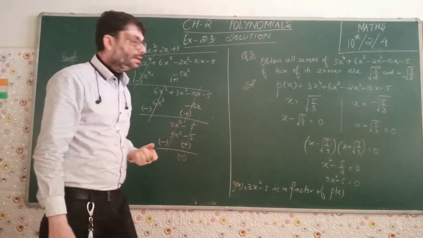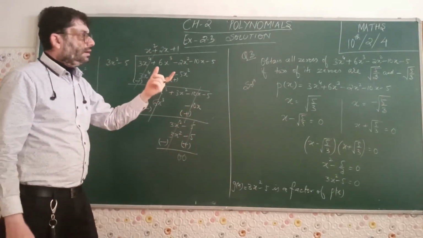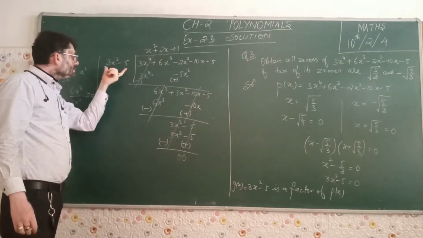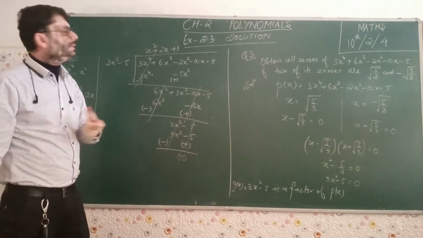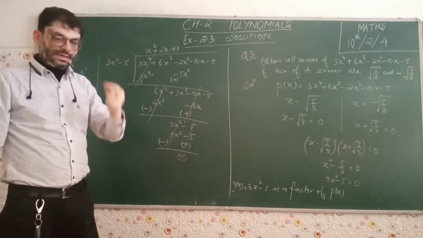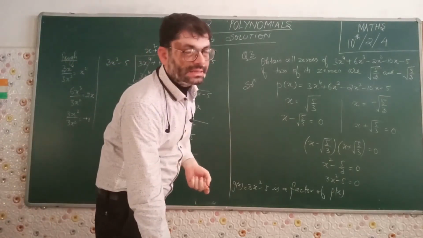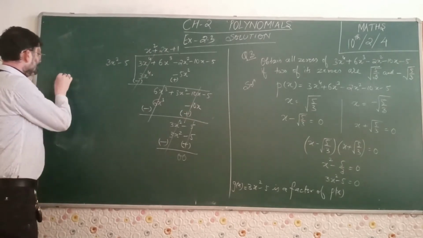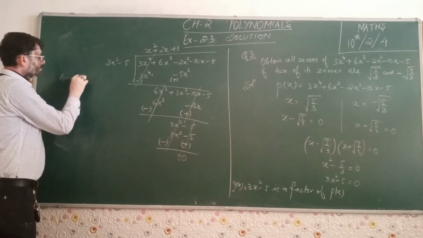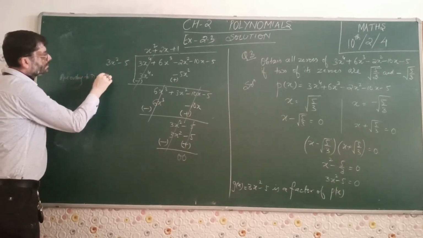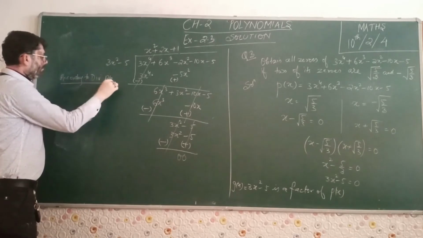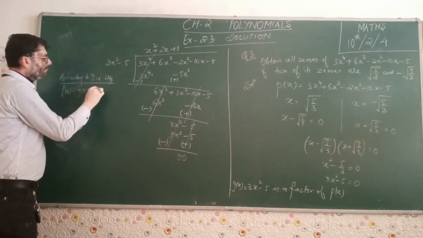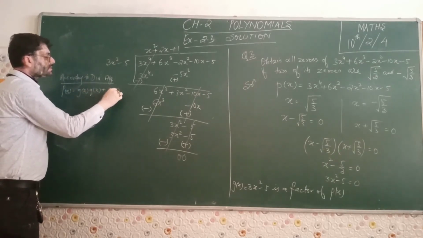As I have told you earlier, two zeros, root under 5 by 3 and minus root under 5 by 3, are present in the divisor part, and the remaining two zeros we will be getting from the quotient part. So let us move to the division algorithm just to get the other two zeros. According to the division algorithm, we know p of x is equal to g of x into q of x plus r of x.